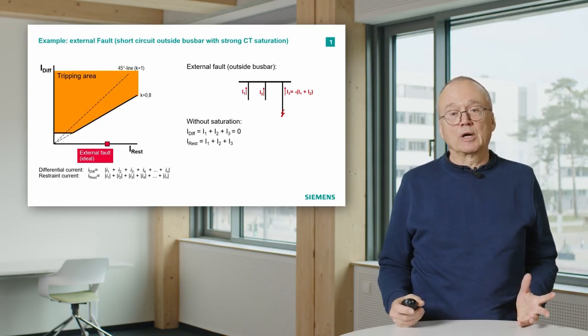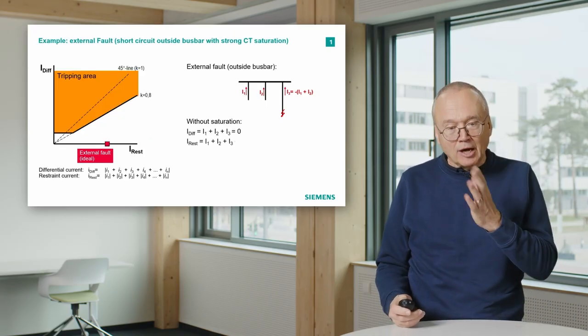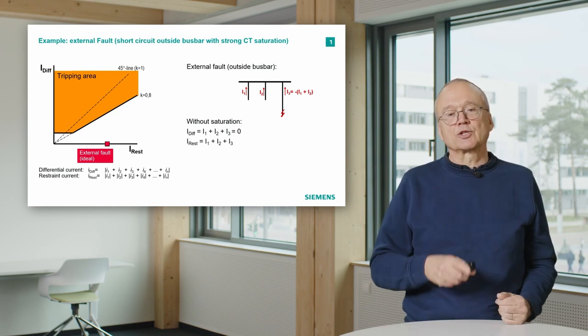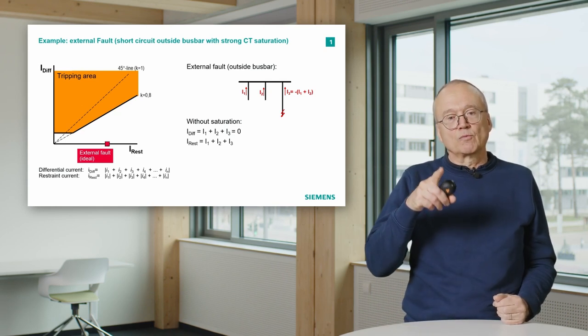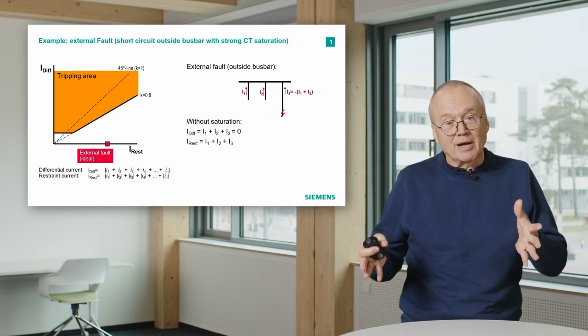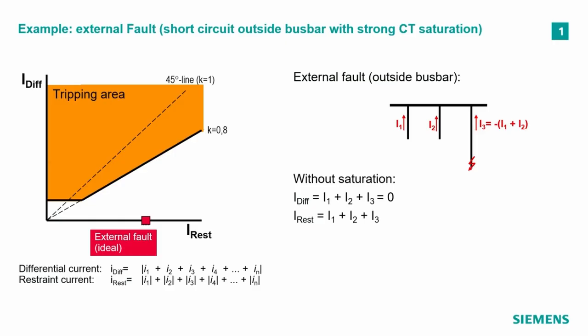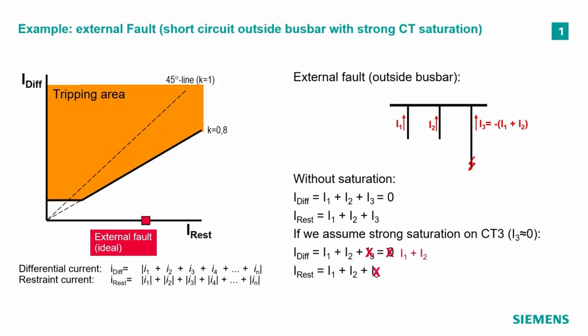What does that mean for our protection relay? Without saturation the differential current is I1 plus I2 plus I3. The sum was 0, because I3 was minus (I1 plus I2). If we now have saturation, we assume the current transformer at feeder 3 doesn't give any output signal because it's in saturation.